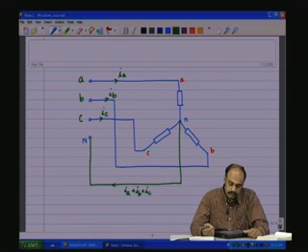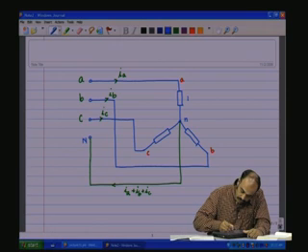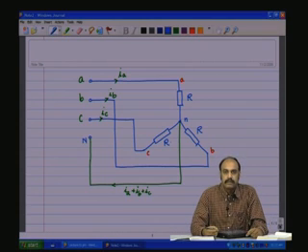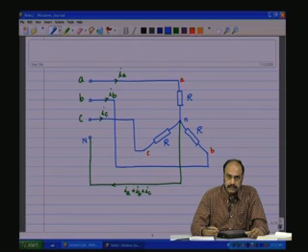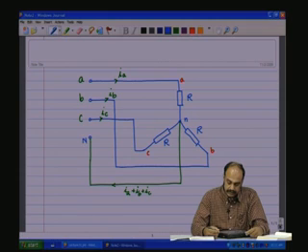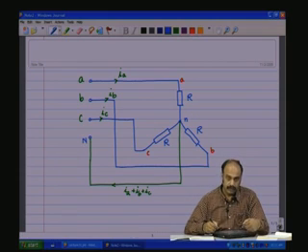Now, suppose they were all equal, all the 3 phases had equal loads, that is the load resistance of every phase is the same value R, then IA, IB, IC, that is the instantaneous value.